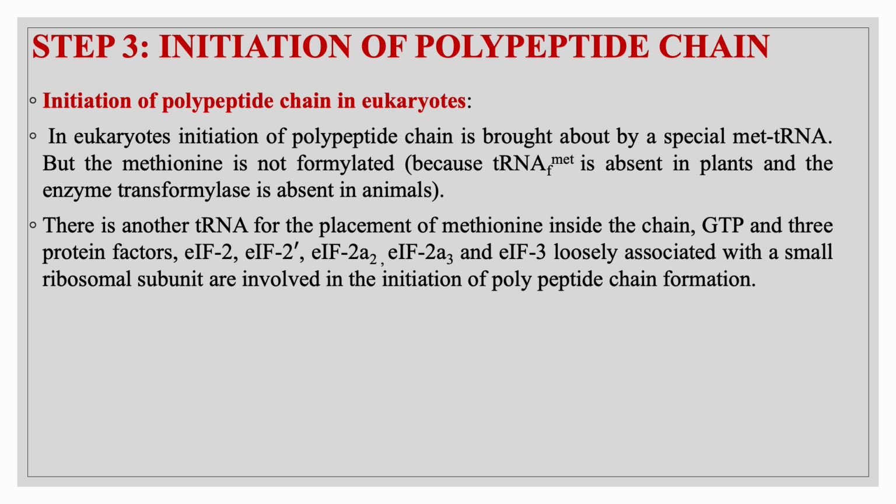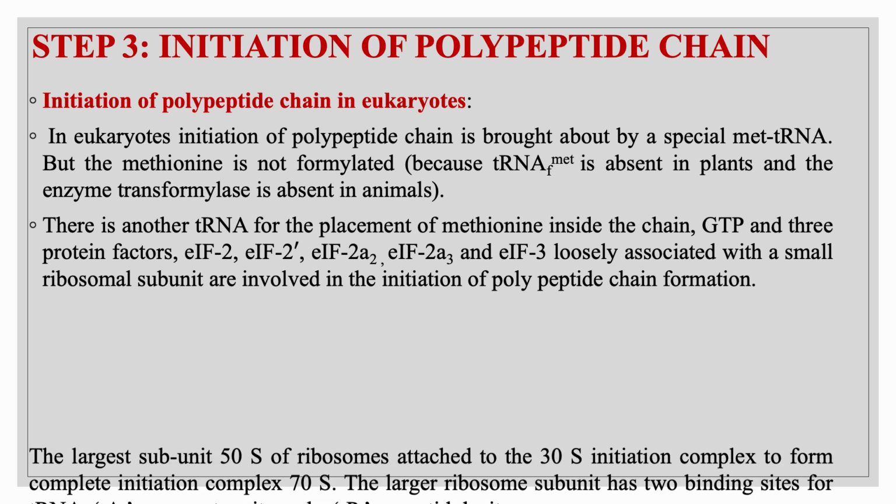There is another tRNA for the placement of methionine inside the chain. GTP and 3 protein factors, EIF2, EIF2 prime, EIF2A2, EIF2A3 and EIF3, are loosely associated with the small ribosomal subunit and they are involved in the initiation of the polypeptide chain formation.